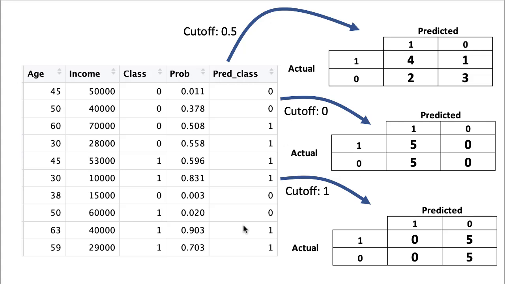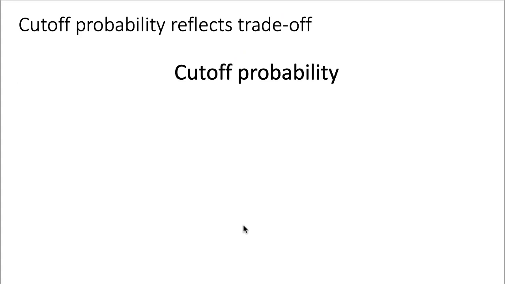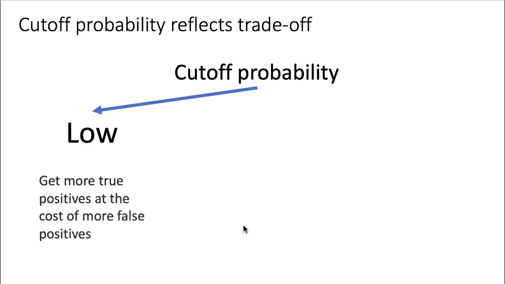And clearly, of course, what we want is a trade-off. Okay, so if the cutoff probability is very low, that means we have a very low threshold for classifying something as the positive class. So we'll get more true positives. That is, we reduce the risk that we will miss something which is actually a positive, in other words, actually a buyer. Let's say you've got somebody who's a buyer, but for whom the model prediction is a very low probability.